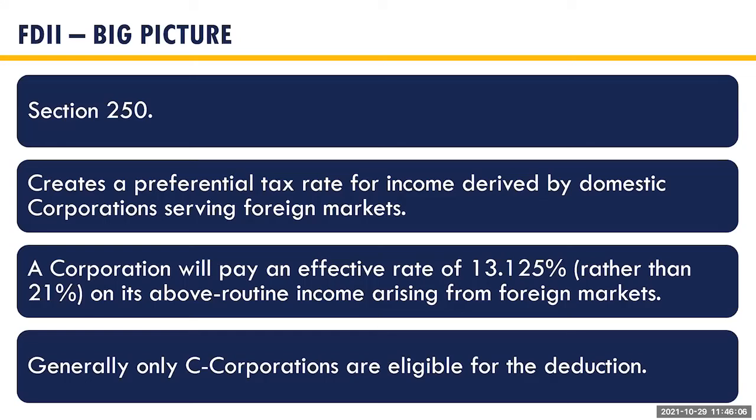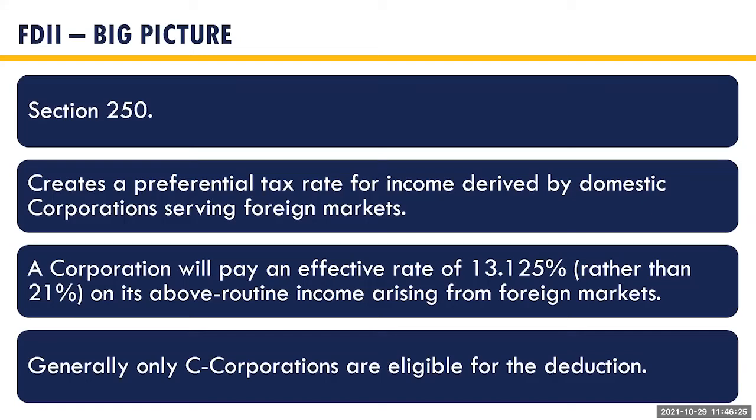I will start by saying it is quite a bit simpler than an IC DISC in its implementation, and certainly not as stringent in a lot of the rules that are promulgated under the code here.